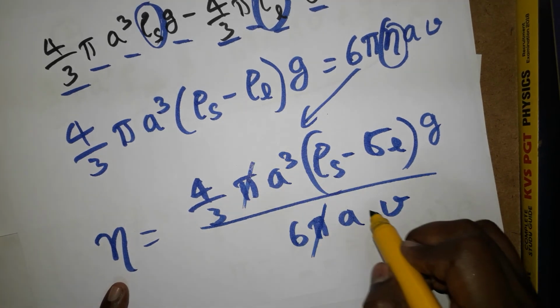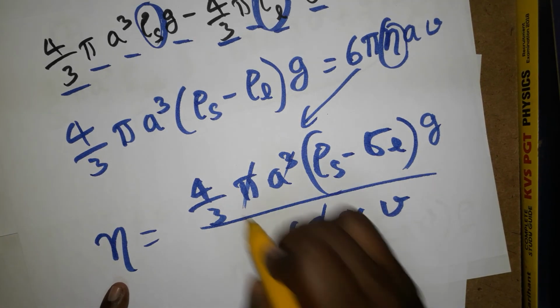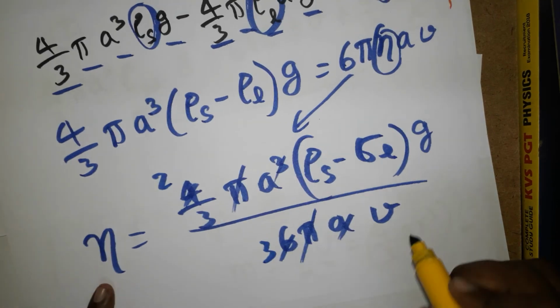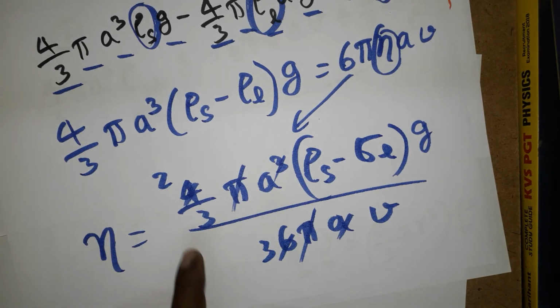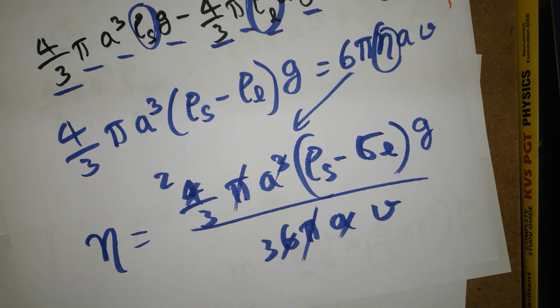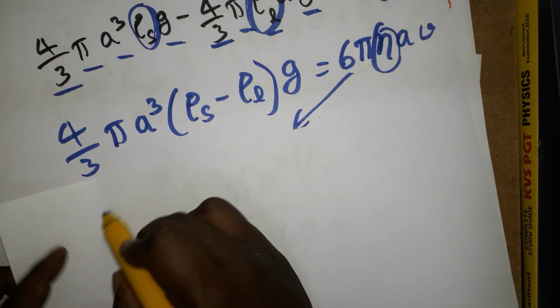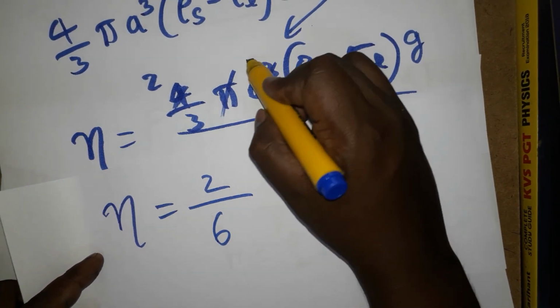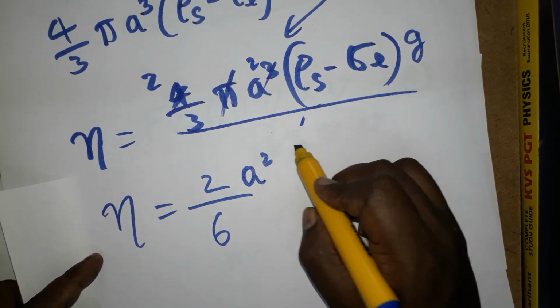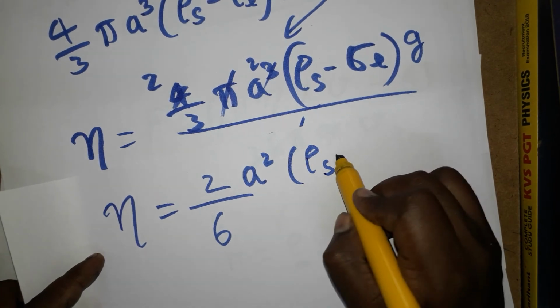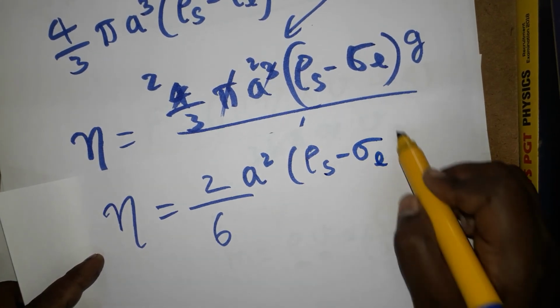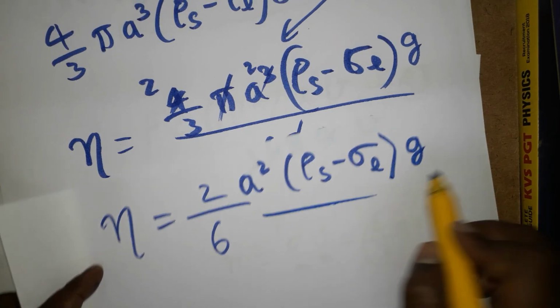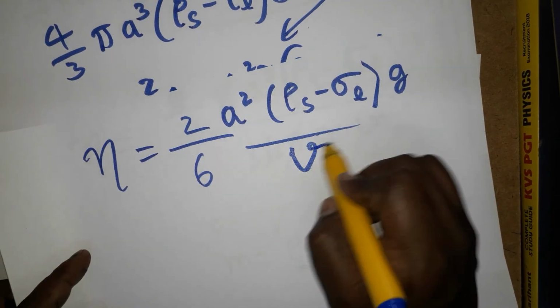Pi gets cancelled, a cube gets cancelled with a, and the 2 and 3 go with v. The 3 in the denominator you can multiply in. So the coefficient of viscosity finally will be 2 by 9 a square times density of the solid minus density of the fluid, into gravity, divided by velocity.